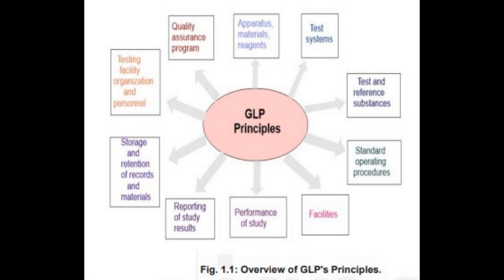Standard operating procedures, performance of the study, reporting of study results, storage and retention of records and materials. Fig. 1.1. In a nutshell, GLP is a quality system that tells us what type of organization, process, test studies, equipment, test facility, monitoring and documentation are being used for non-clinical testing and environmental health safety.